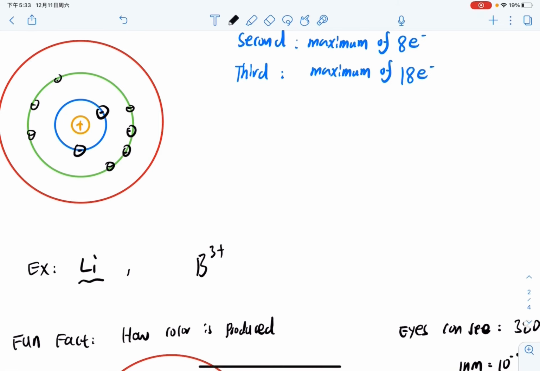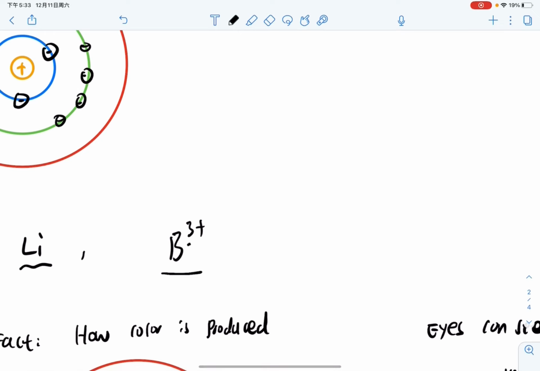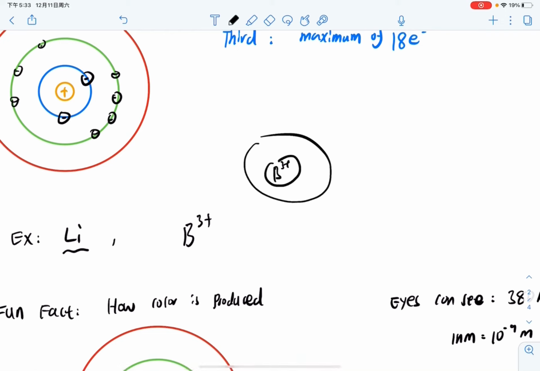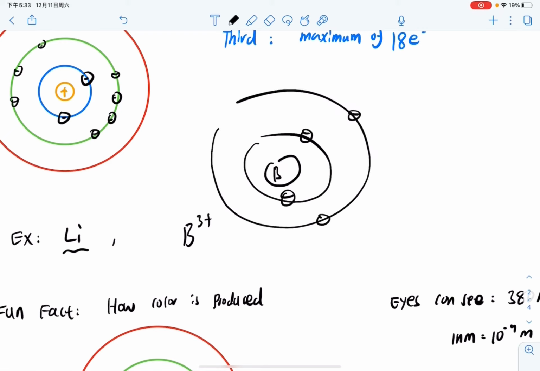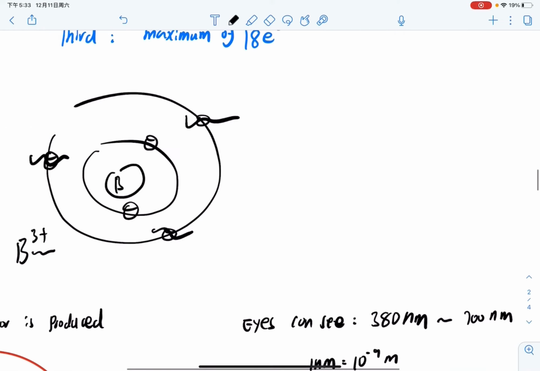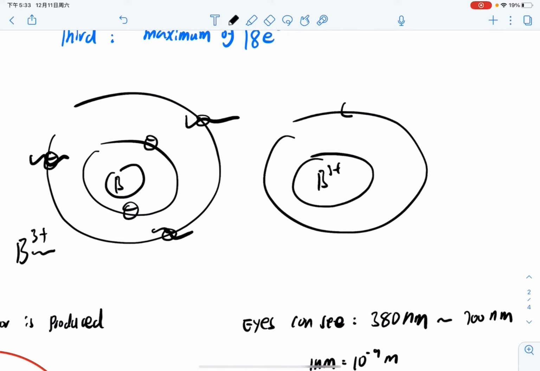And for boron, which is charged, we first draw the structure of boron. And you can see 3 of the electrons are removed, so we just erase these. So the structure of B3+ is just 1 electron and 2 electrons.